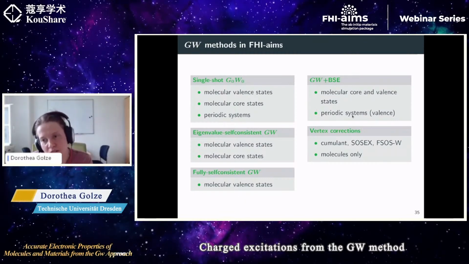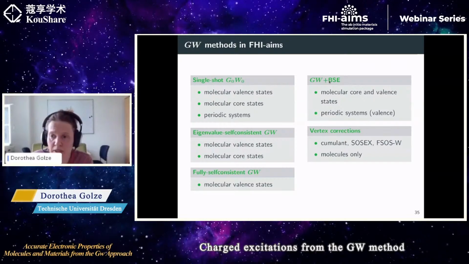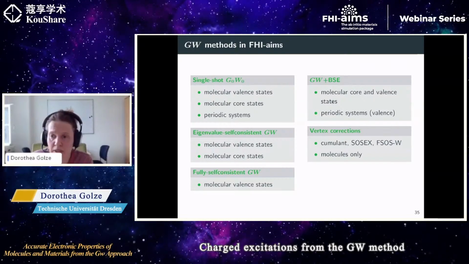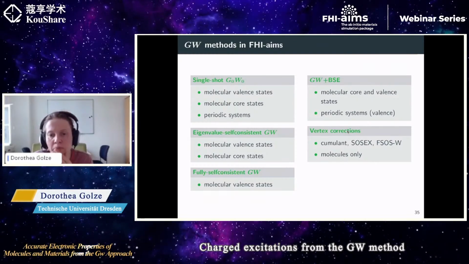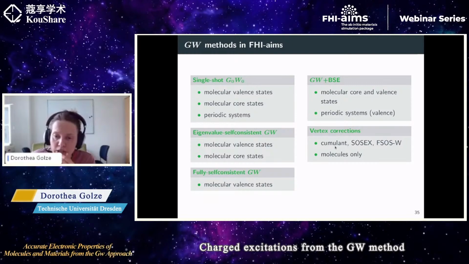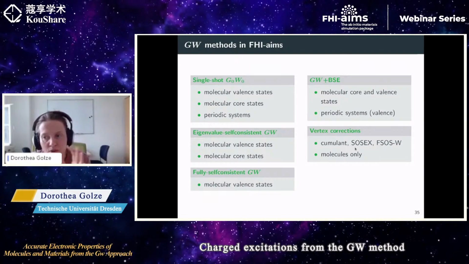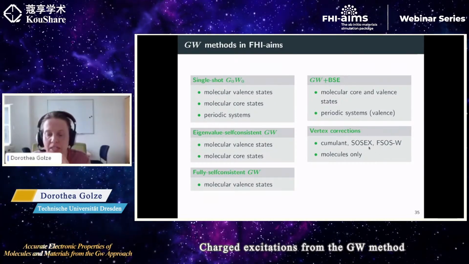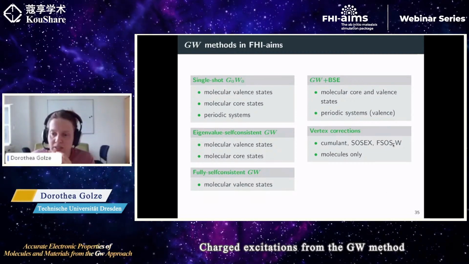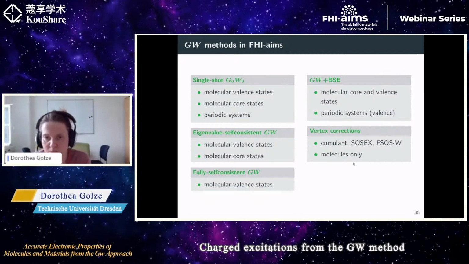Just to mention it briefly, even though that was not part of the talk, there's also BSE performed on top of GW, possible for molecular core and valence states, and also periodic systems now. Vertex corrections, a bunch, cumulants, this is basically related to getting correct satellites. And other ones that are more sophisticated. But again, this is typically also expensive, at least the other two, and molecules only at this point.